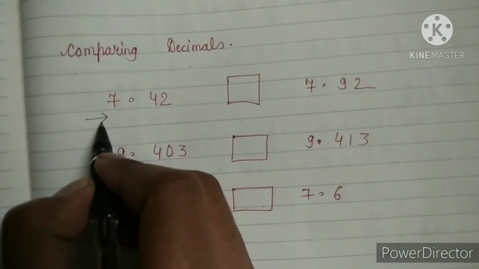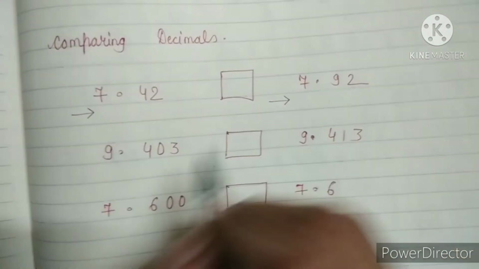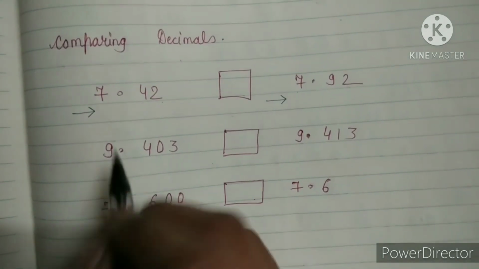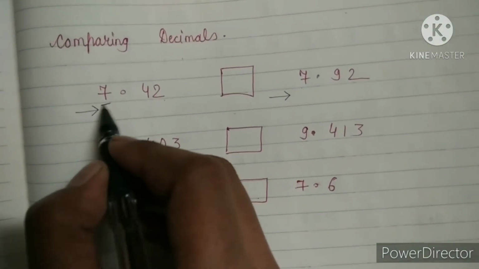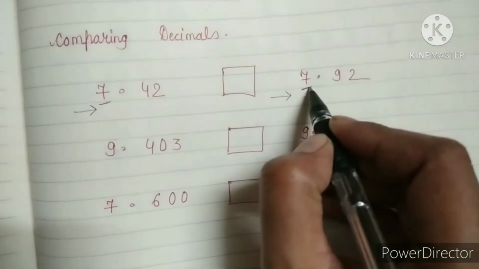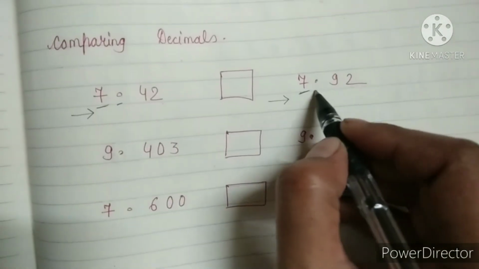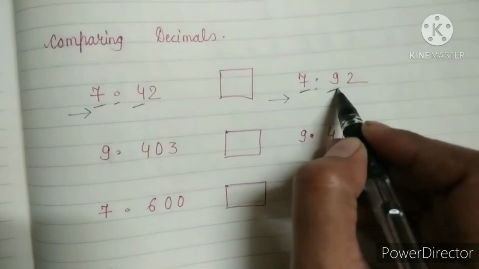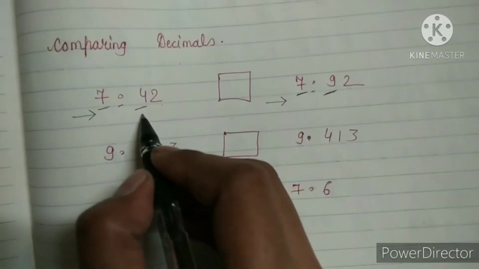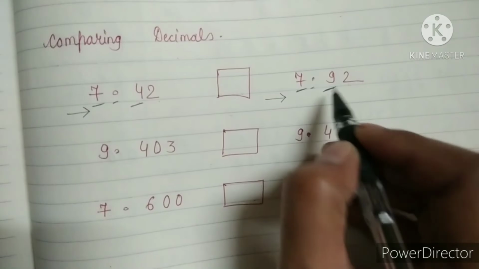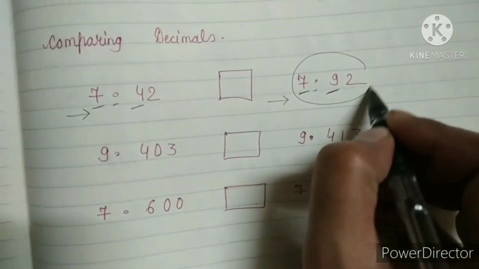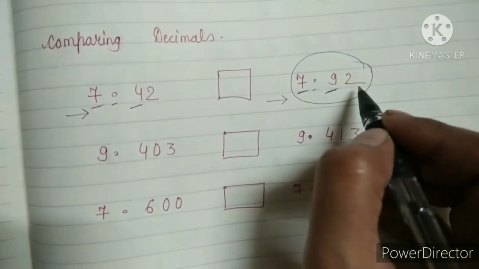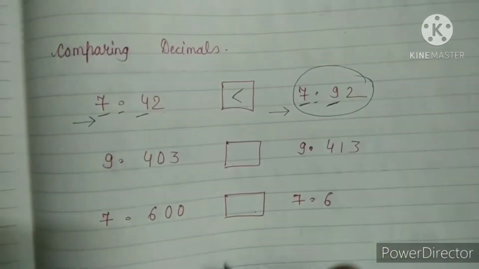We always have to start comparing from the left. Here we have 7, here we have 7. Decimal, decimal. 4 and 9. You see 4 is less than 9. It means 7.92 is the greater number.